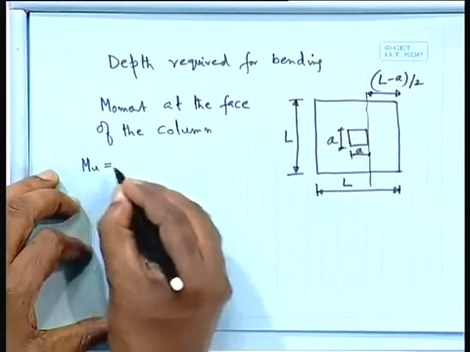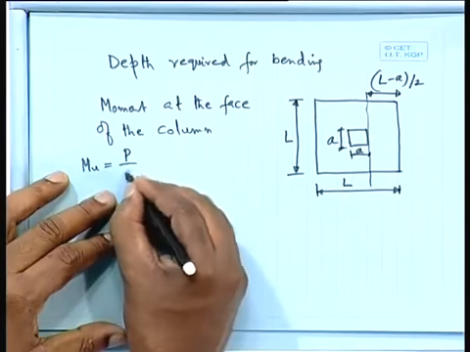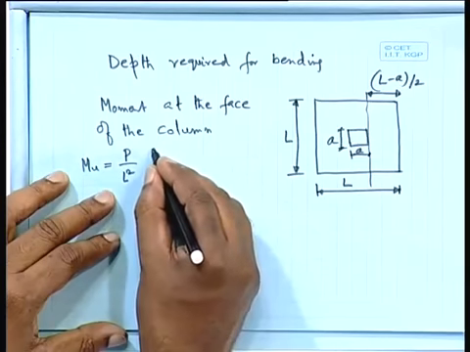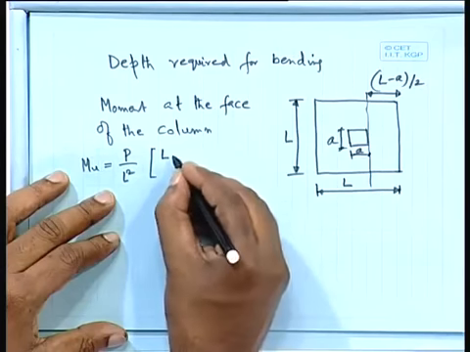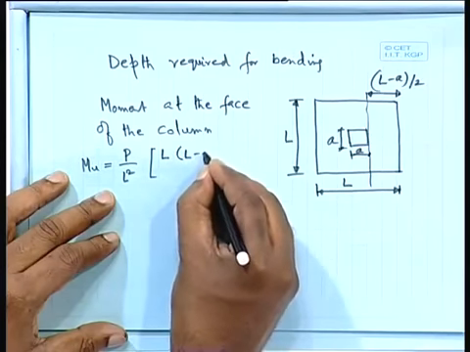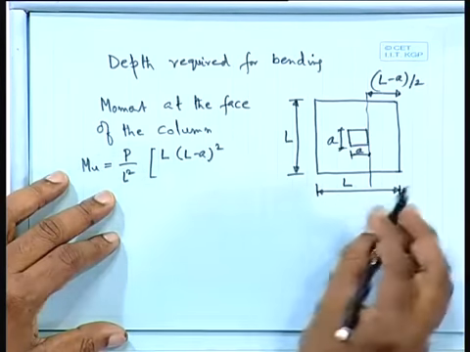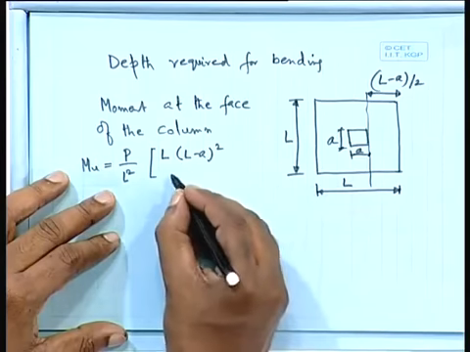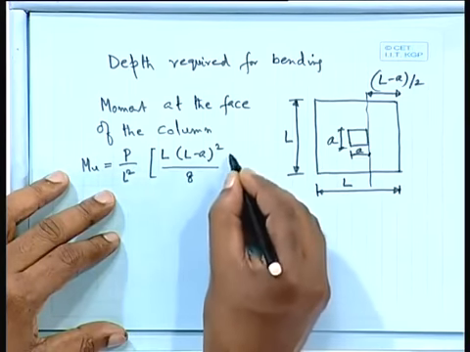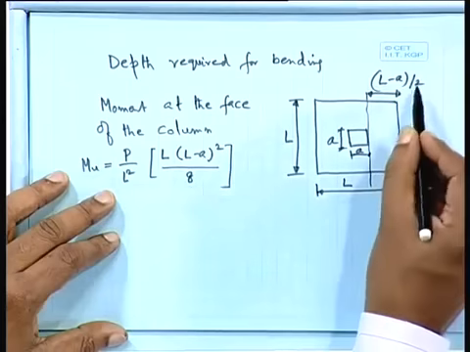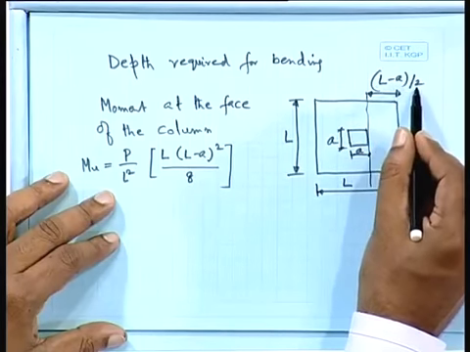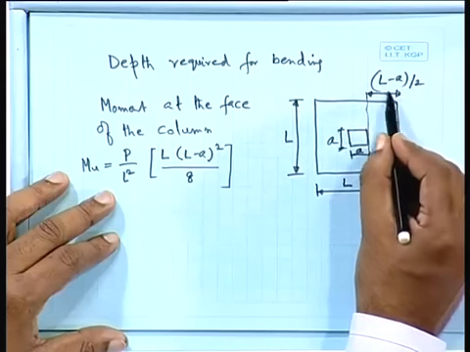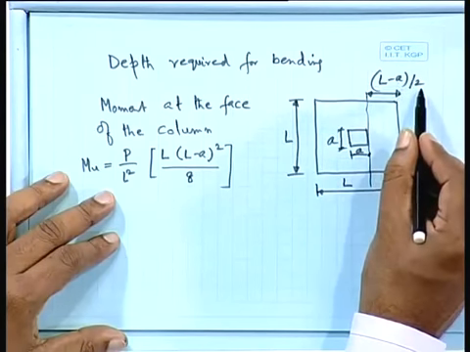We can write it as Mu. So P by L square times L, A square, so this one is L minus A by 2, WL square by 2, L is here L minus A by 2, okay.